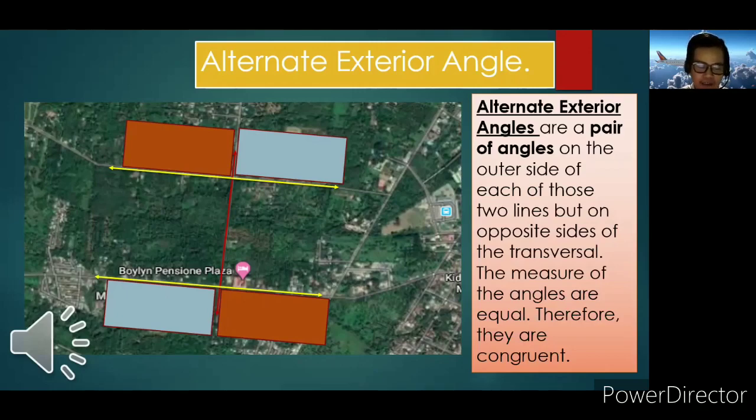So the yellow streets are two parallel lines cut by a red transversal line, and the pairs of colored angles are equal in measure. Therefore, they are congruent. To help you remember, the angle pairs are on alternate sides of the transversal, on the exterior of the two crossed lines, and they are congruent.